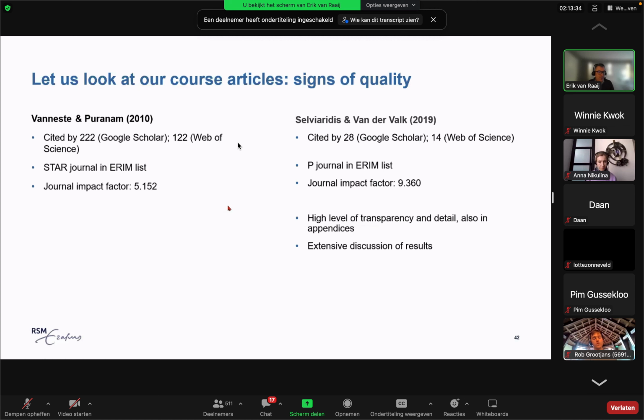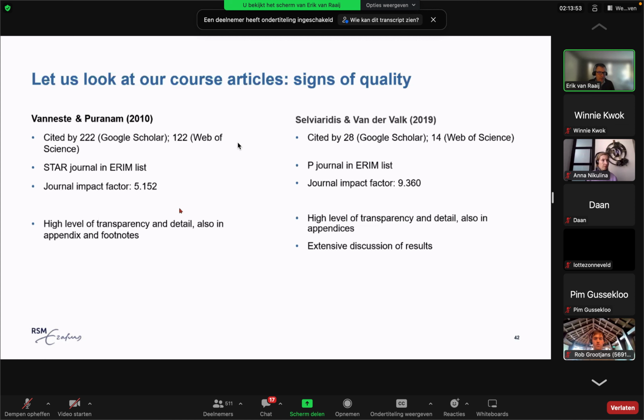But funny enough, the journal impact factor is lower. So this gives you some proof that you have to use it carefully. I think everyone would agree that this journal is better. It doesn't mean that always the impact factor is higher. And this is still a good impact factor. At 5.1 it is really a nice impact factor.